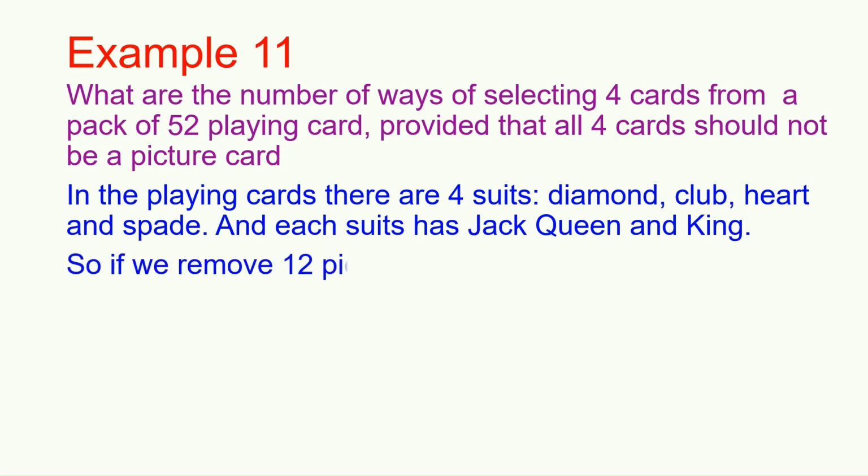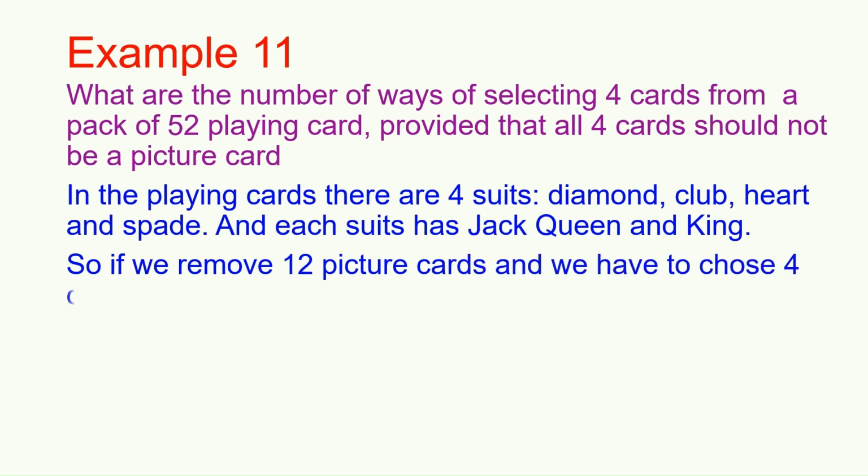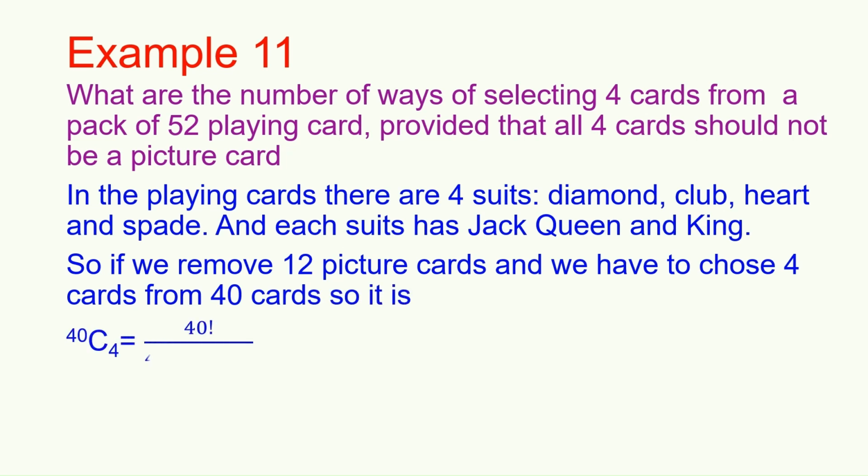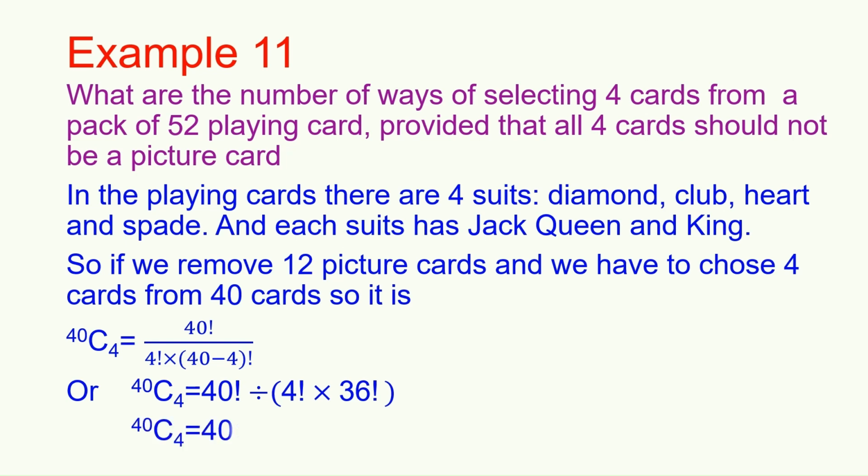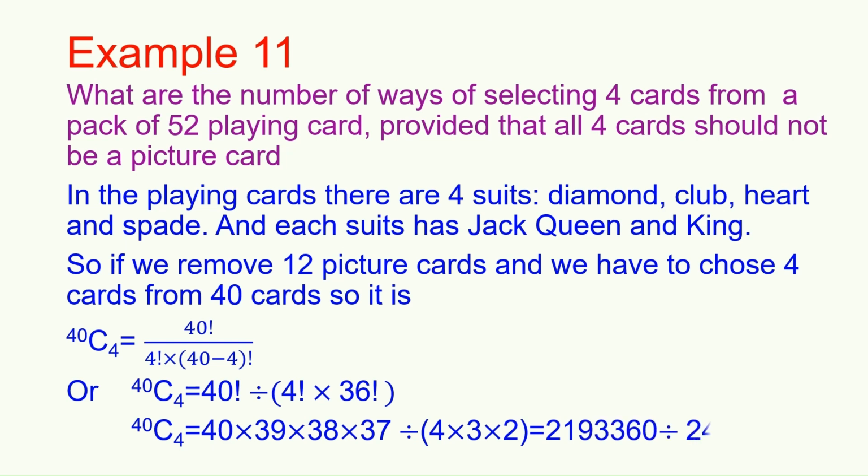So if we remove the 12 picture cards, we have to choose 4 cards from 40 cards. So 40C4 equals 40 times 39 times 38 times 37 divided by 4 times 3 times 2, which equals 2,193,360 divided by 24, which is equal to 91,390.